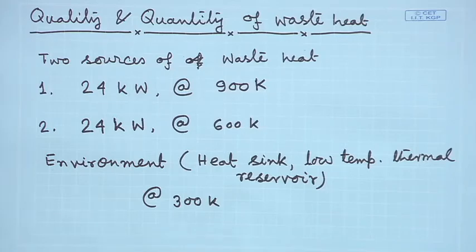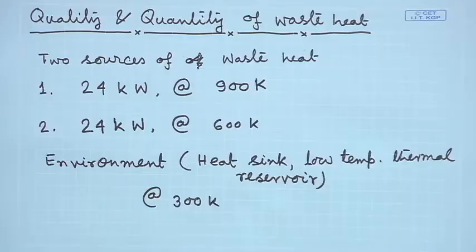We have two sources of waste heat, both having 24 kilowatt by some estimation. The first source is at 900 Kelvin, the second source is at 600 Kelvin, and the environment or surrounding which can act as the heat sink or the low temperature thermal reservoir is at 300 Kelvin.